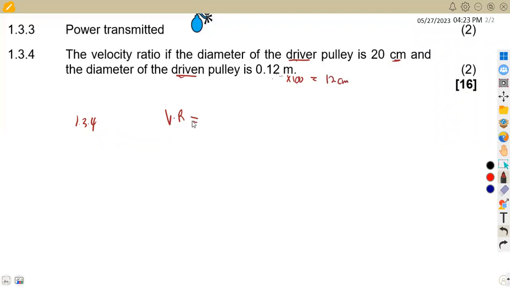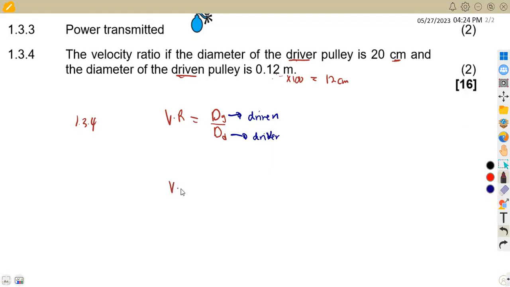Okay, so what is the formula actually for the velocity ratio when we are given diameters? So this is the diameter for the driven, the diameter of the driven over the diameter of the driver. So this is going to be the diameter of the driven over the diameter of the driver. So that is how you are going to obtain your velocity ratio in this case.